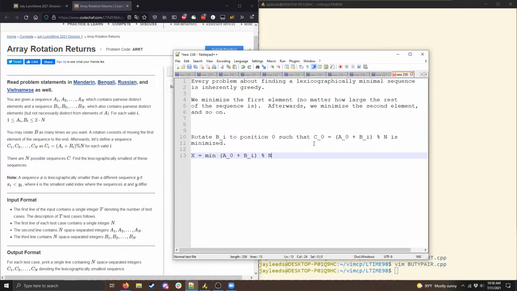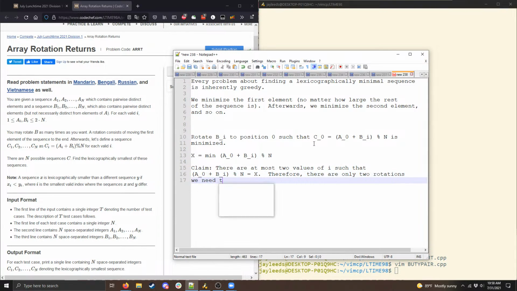Now, what I'm going to claim to you is there are at most two values of i such that a sub 0 plus b sub i mod n is equal to x. And what this tells us is that there are only two rotations we need to consider.